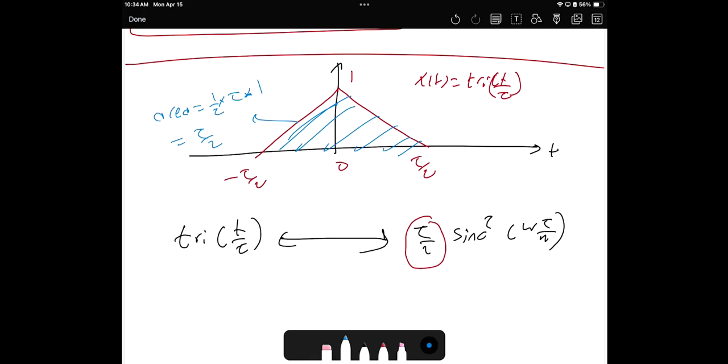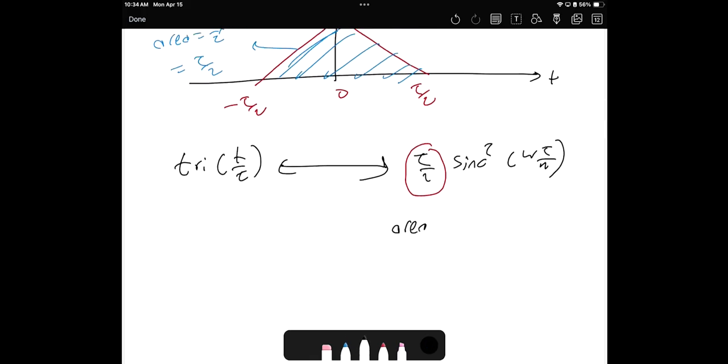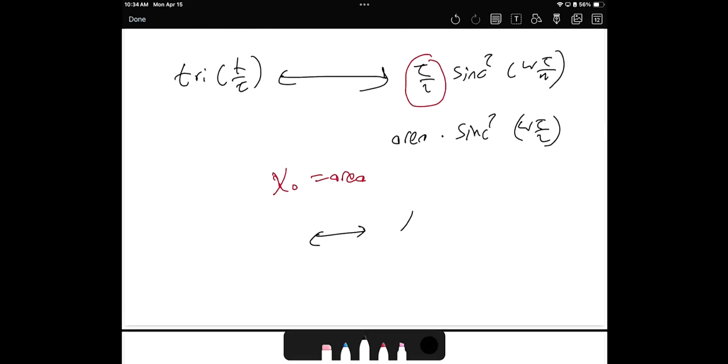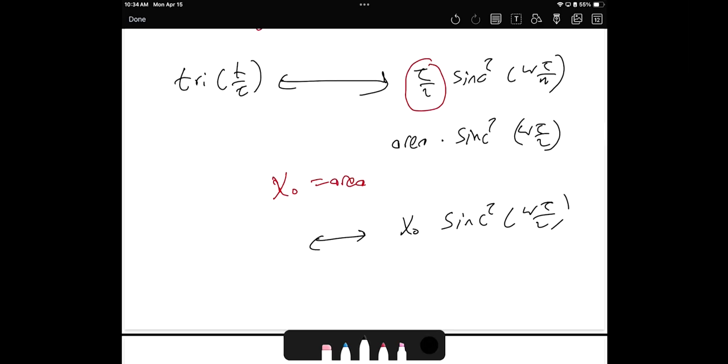So as a result, this will be the area times sine square omega tau over 4. We used to say x of 0 is the same as the area. So we can say another thing, which is this will be x of 0 sine square omega tau over 4, or the area. So we can use two representations, whichever is more convenient for you.